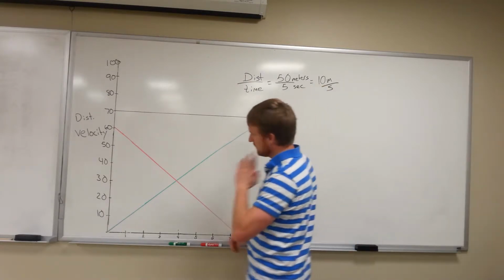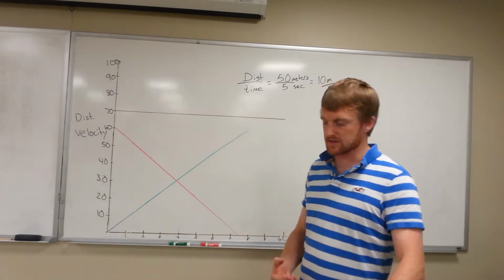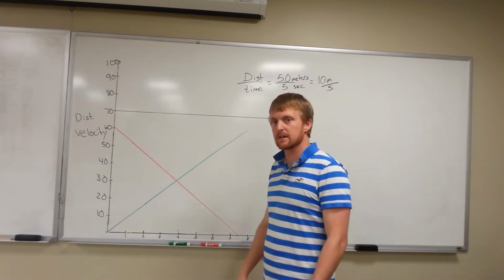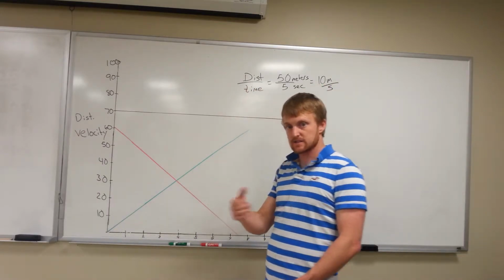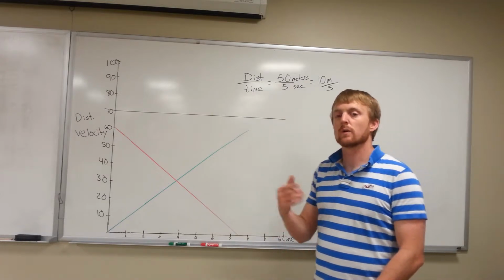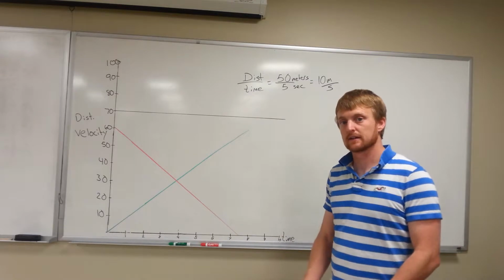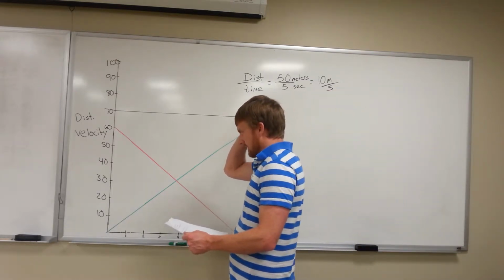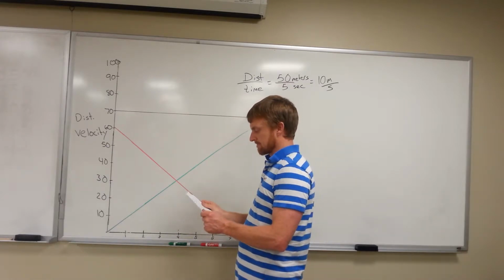So, what does the slope represent? What does the slope of the graph represent on a distance versus time graph? The slope represents speed, unless you know what direction you're going. In that case, it represents velocity.